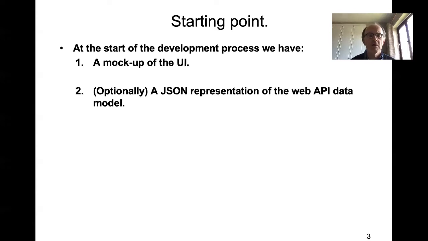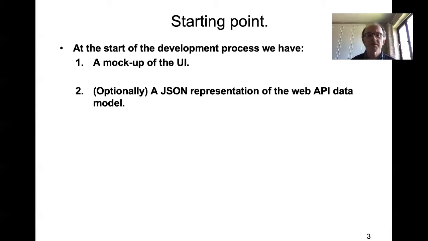You may also have an understanding of the nature of the data that the React app is going to be using in terms of a web API. You may or may not have that. In the case of the movie app, we do, because the TMDB API is fully developed for us.